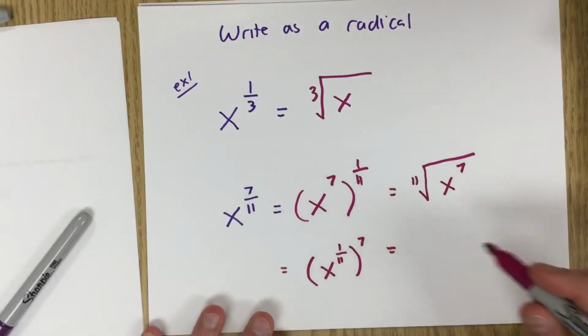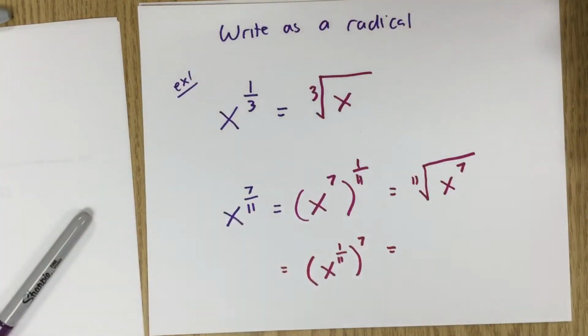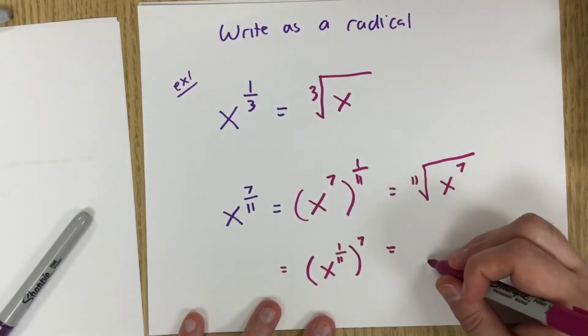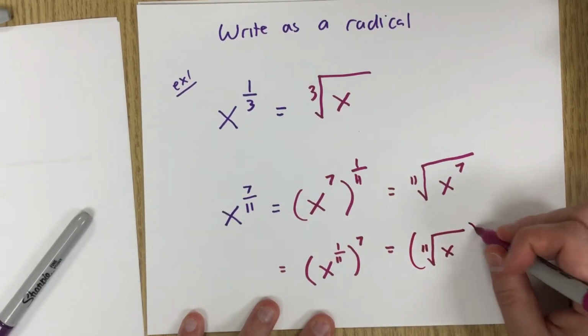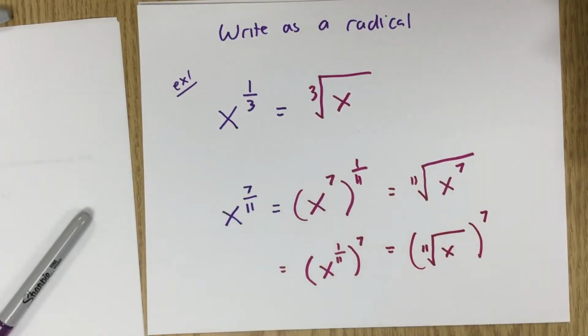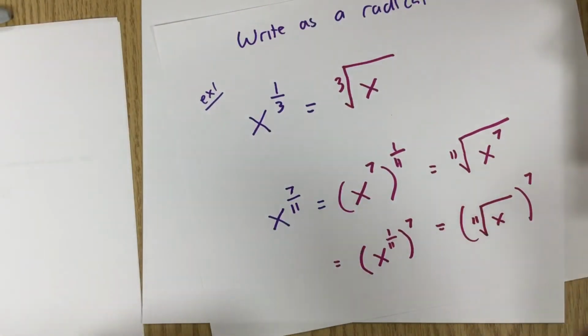I'm showing it in both ways, essentially showing the 2 different ways of applying those things, which would be the 11th root of x all to the power of 7. And that was example 2, I should say.